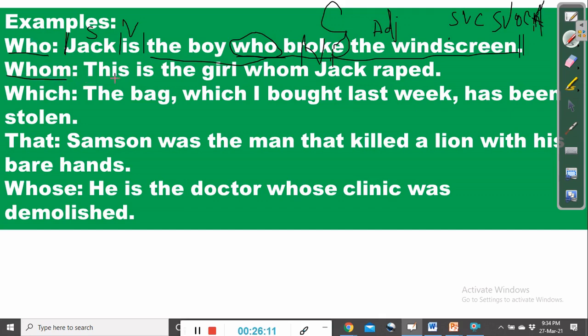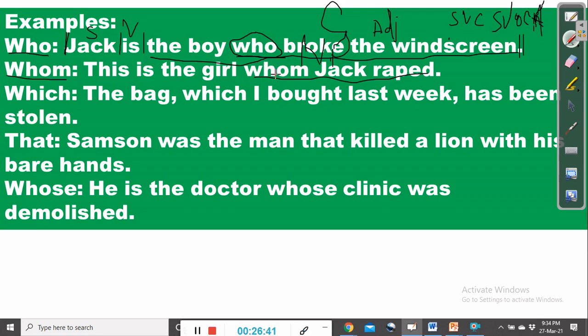Now, using whom, we can use whom to introduce a relative clause as follows. This is the girl whom Jack raped. We can see the difference between who and whom here. In the first example, who broke the windscreen is telling us about the doer of the action, which is the subject.